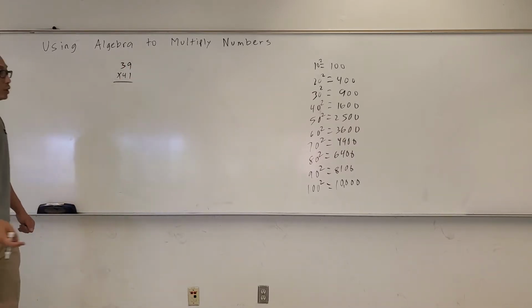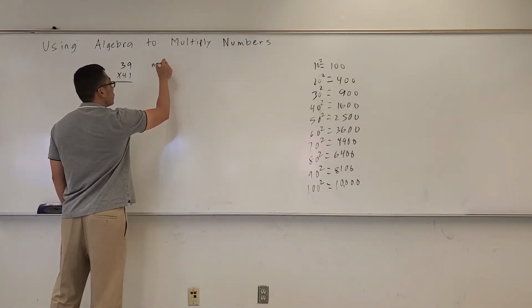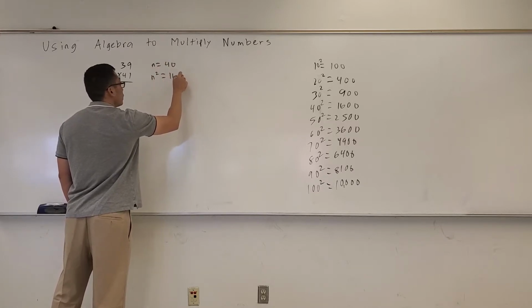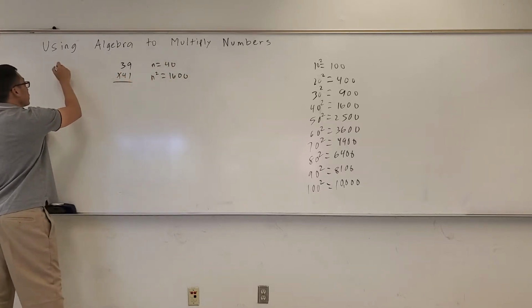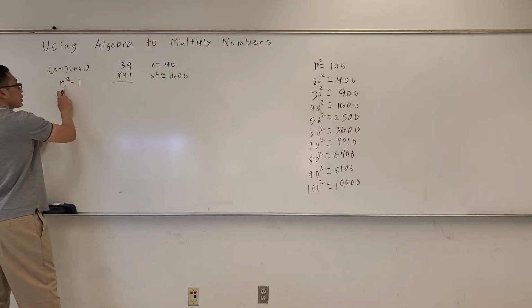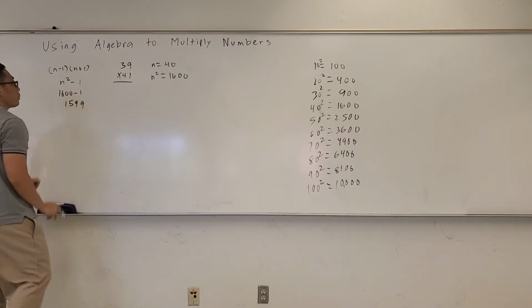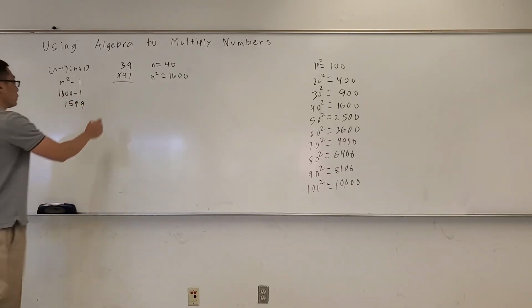So n is just the middle number, so in this case it's 40. 40 squared is 1600, so n squared is 1600. So if I do this, 39 is going to be n minus 1, and 41 is n plus 1, right? So n squared minus 1. So n squared, in this case, is going to be 1600 minus 1, which is 1599, right? So this is 1599.